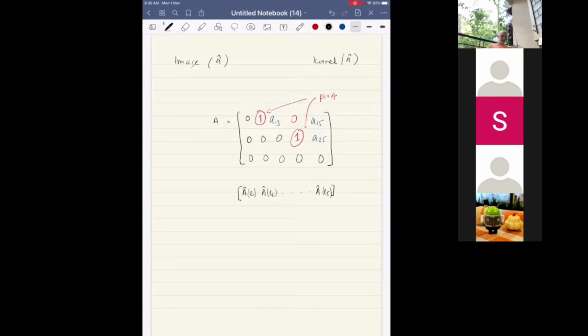In other words, where E1, E2, up to E5 are the standard basis for M51.